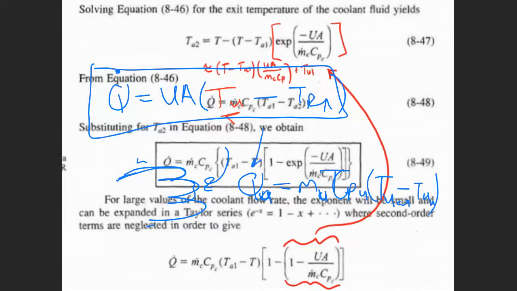I've got a huge amount of Q flowing in there, but M is so large that this difference becomes very small, small enough to neglect when I calculate that rate of heat transfer.